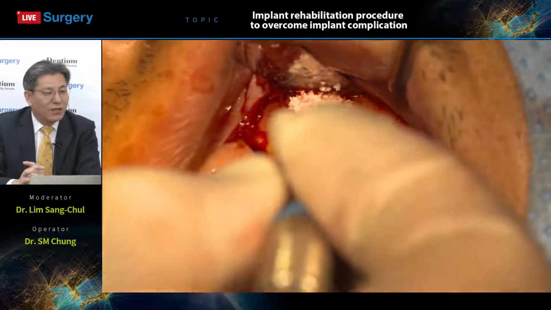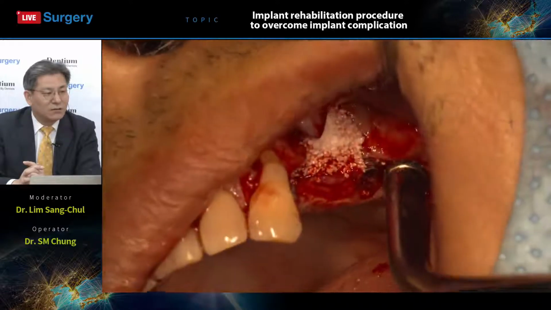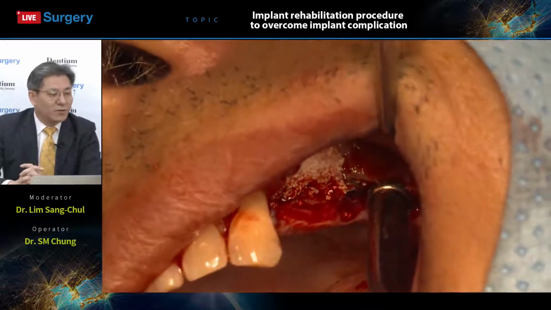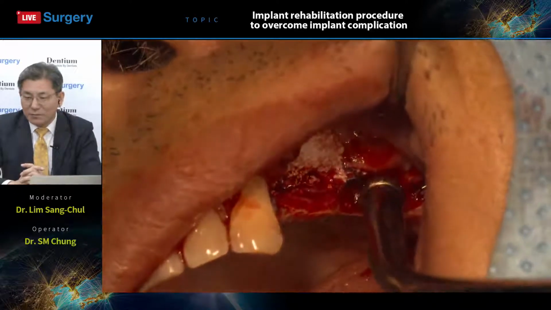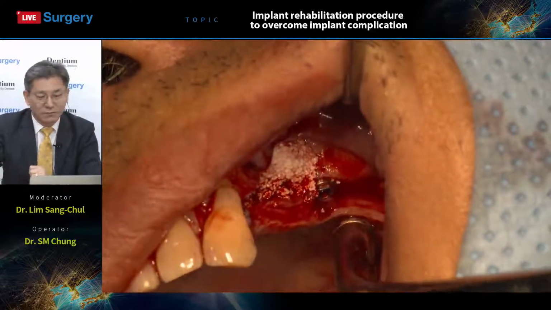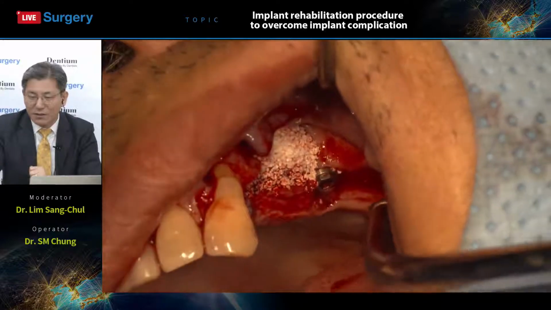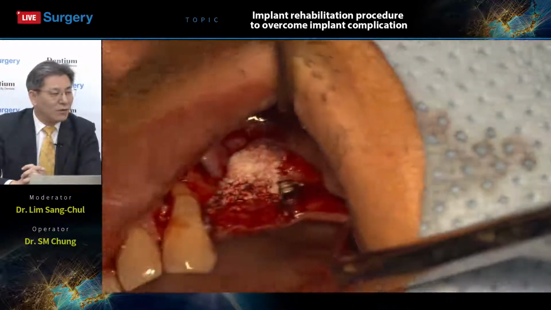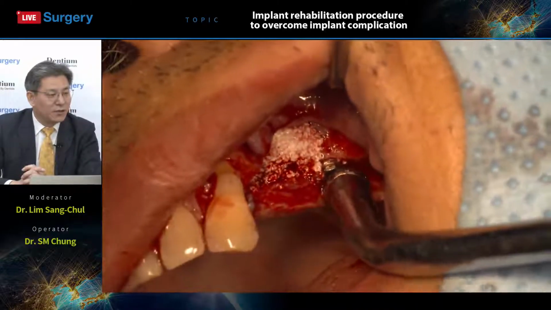He wants to try to fix the membrane over the grafted area.